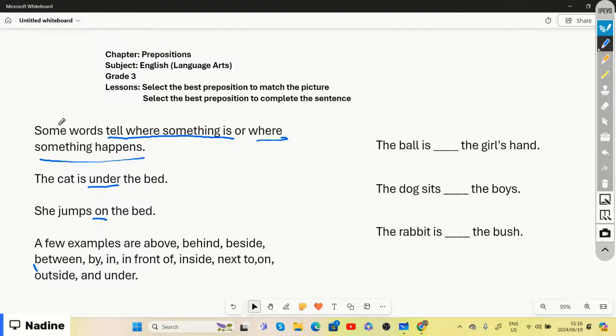And once again, before we move on, a few examples of the common prepositions are words like above, behind, beside, between, by, in front of, inside, next to, on, under, and outside. And remember, the preposition is only the one word, not the other words that are added to the preposition.